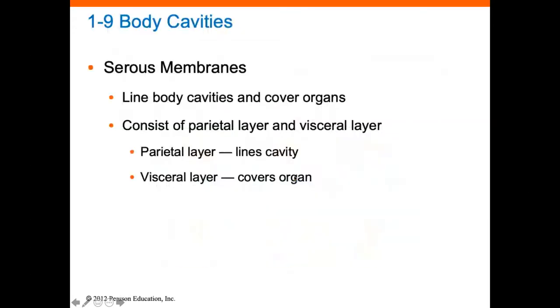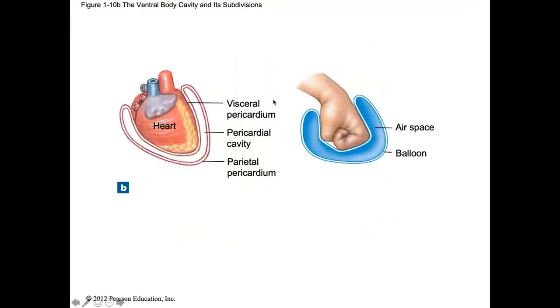Let me show you again, isolated. If you were to put your fist into a balloon, and let's say your fist is the heart or the organ, the layer that's coming into contact with your fist or the organ is known as the visceral layer.